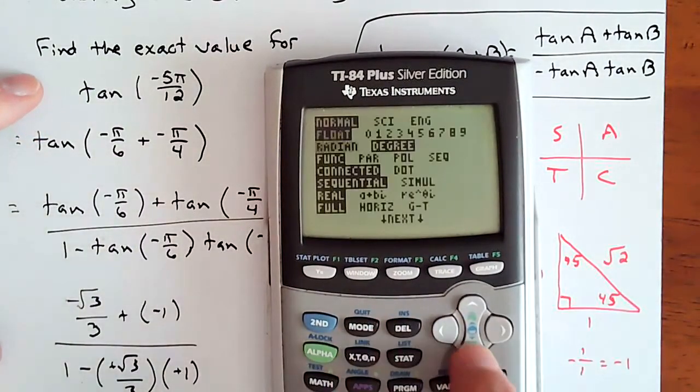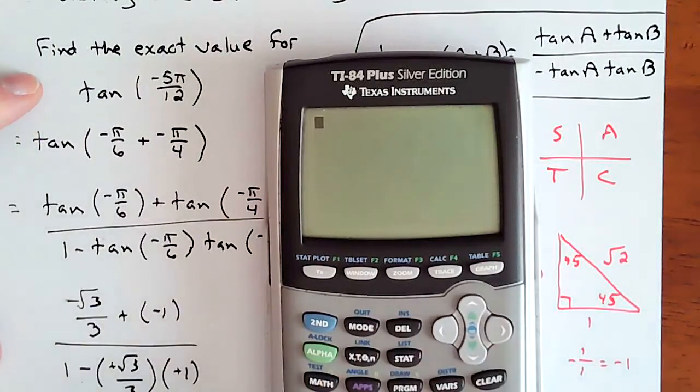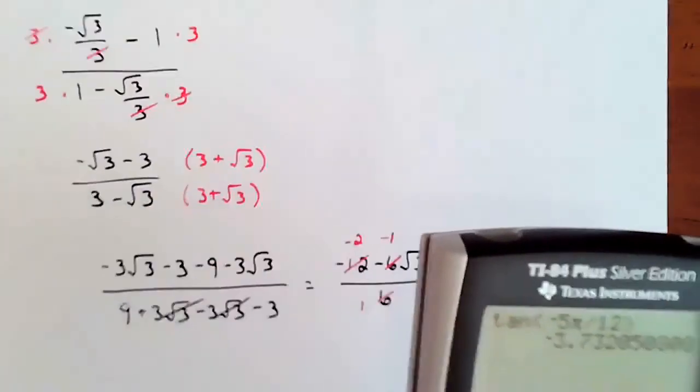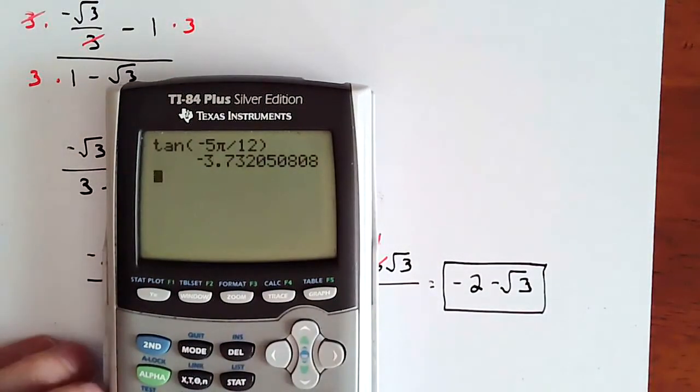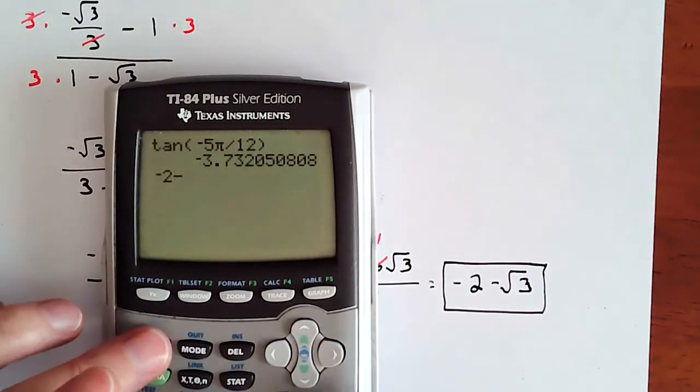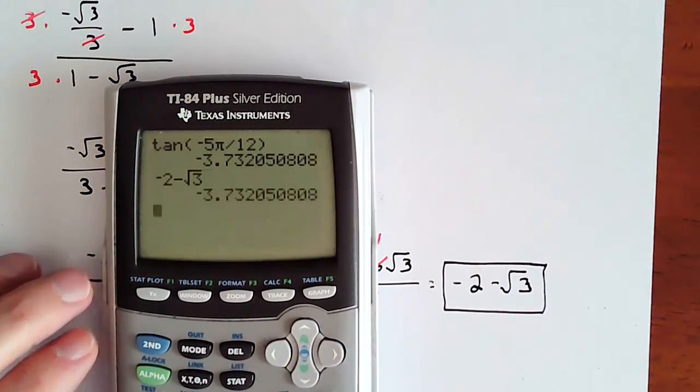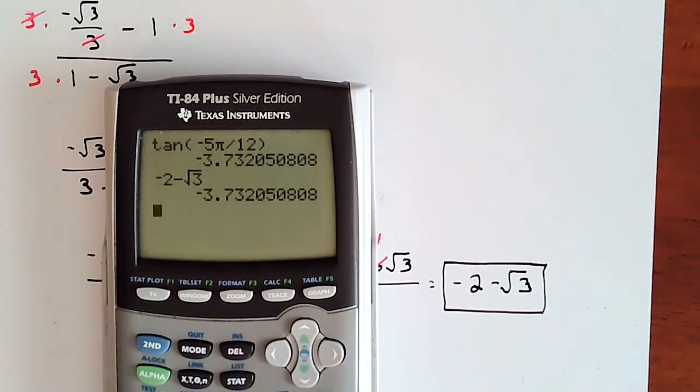So I'll make sure that I am in radians. And we're going to do tangent of negative 5 pi over 12. Get some decimal. And I'd like to know if this gets me the exact same decimal. So negative 2 minus square root of 3. And if I did this right, I get the exact same answer.